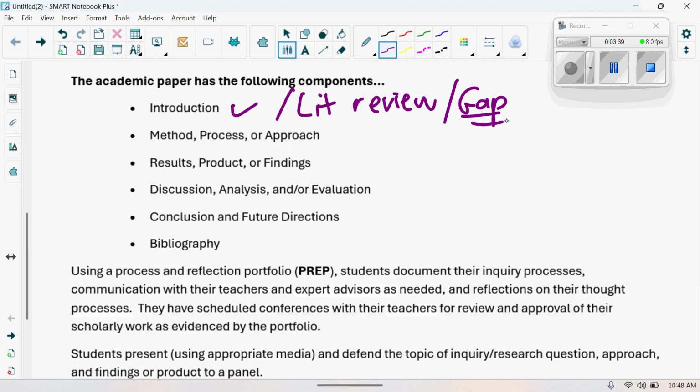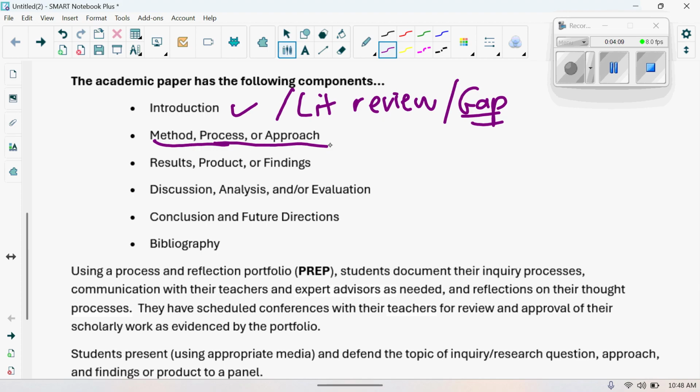Then what you're going to do is collect your data. You're going to decide on your method, your process, and your approach. So you're going to be writing about all of this in your paper: what method you chose, what process you chose, and how you approached investigating it. We're going to get more into that during the class, but what you need to think about is what interests you, and whether you want to work with others or work alone.